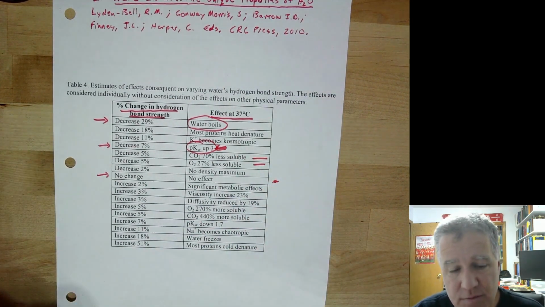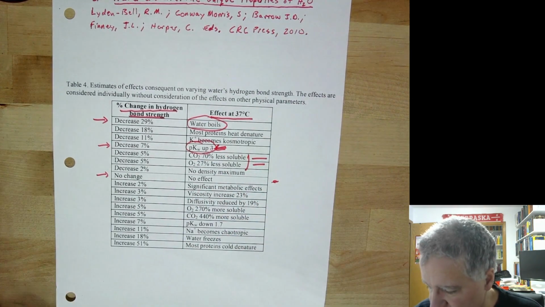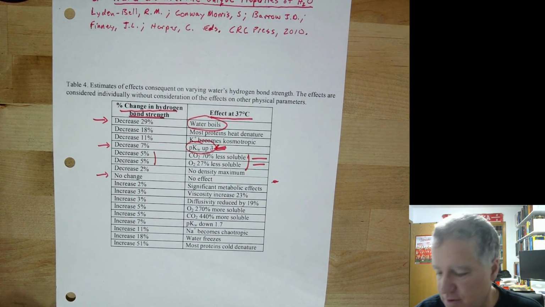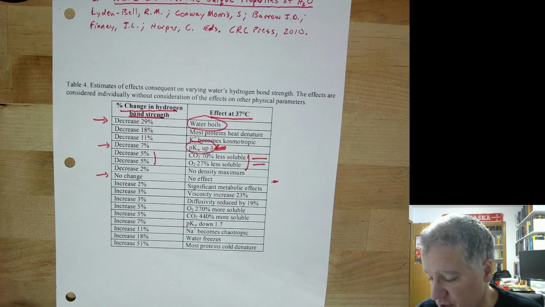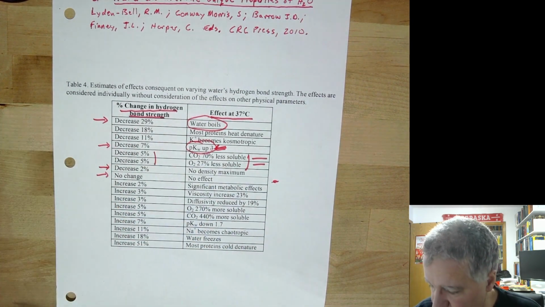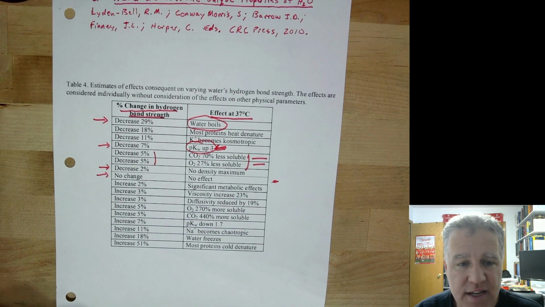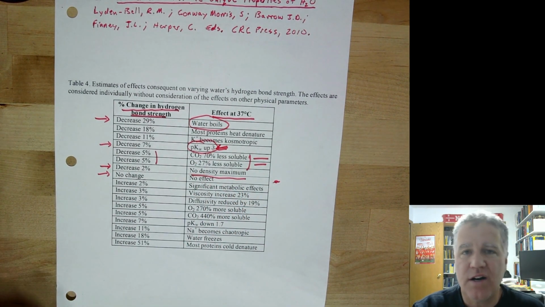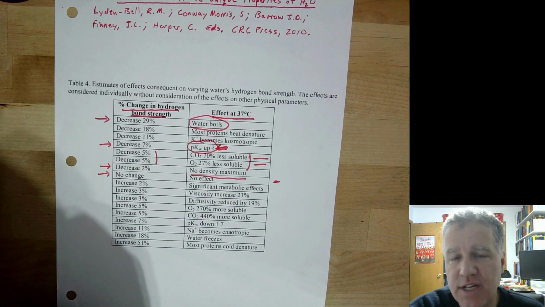Gases become less soluble, so just this very, very small change would have impacted early life on Earth for sure, and life now. This is incredible here: just a 2% change, and there wouldn't be a temperature of maximum density. So water has a maximum density at 4 degrees, and then it gets less dense as it cools. It's a unique liquid in that manner.